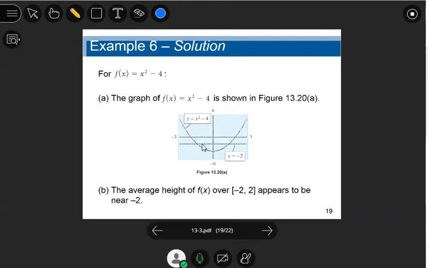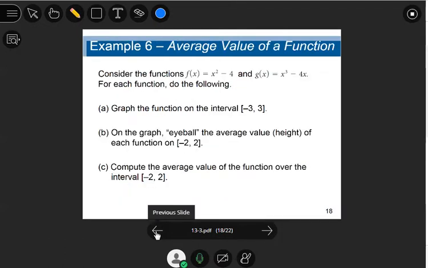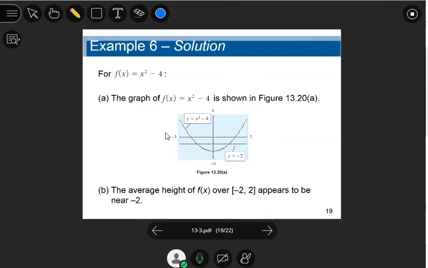So first, using your calculators you can graph this one. Our two graphs are these; if you go to it, you can see these are the two graphs. I will consider this one first, x to the power 2 minus 4.